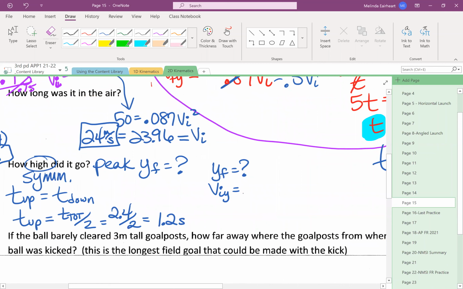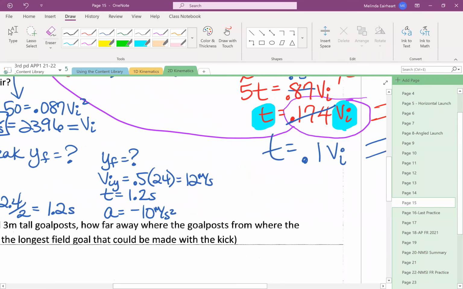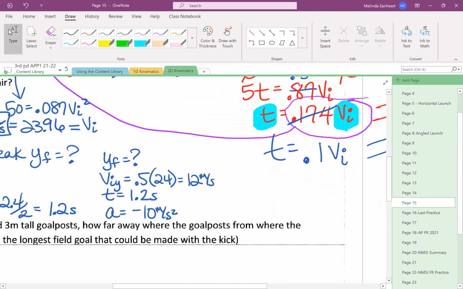Now that we know the initial velocity, it's half of 24. And I know the time, 1.2, and I know gravity. Is this enough to find the vertical final position at the peak?